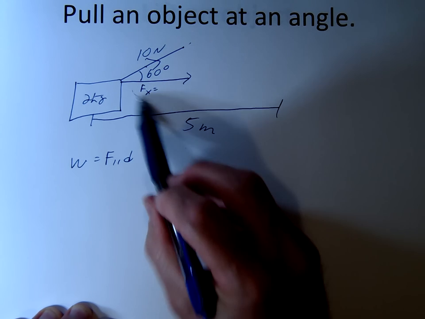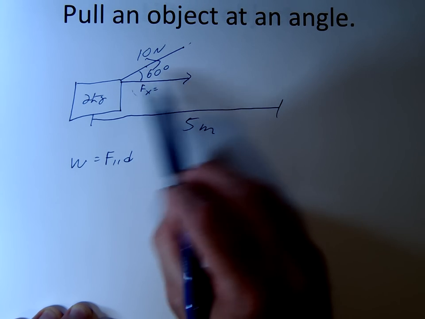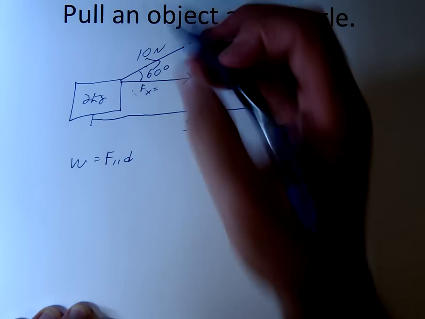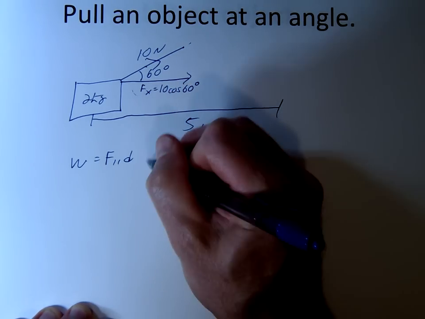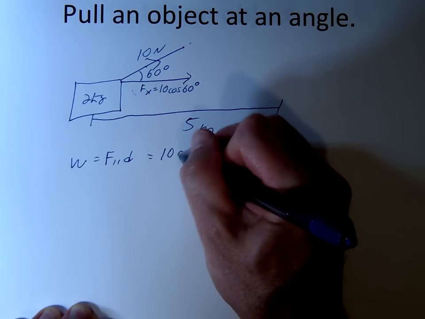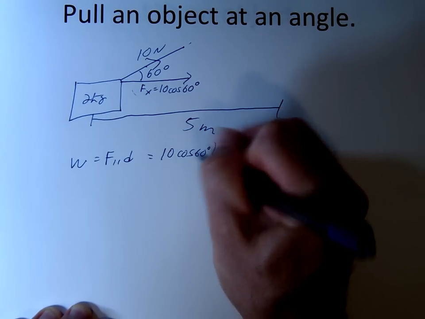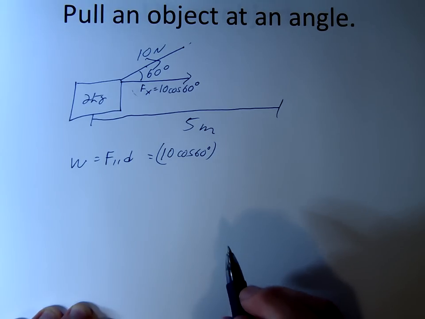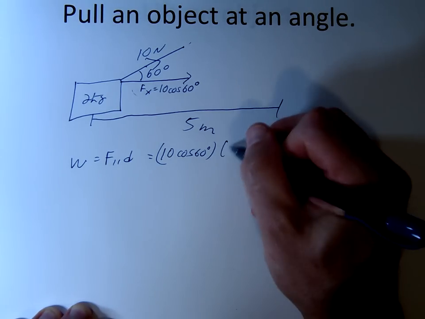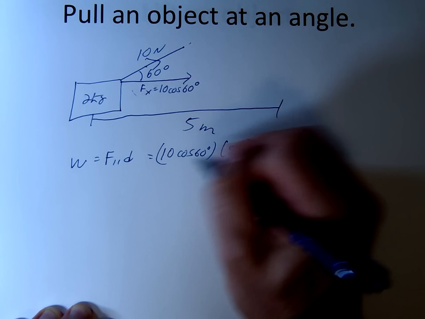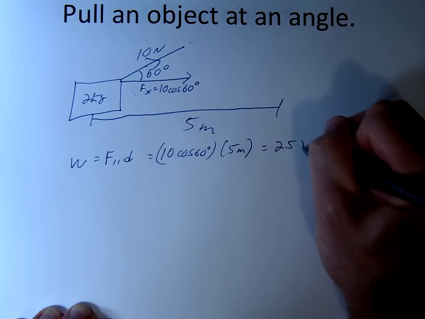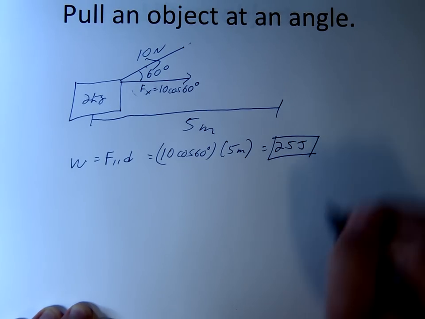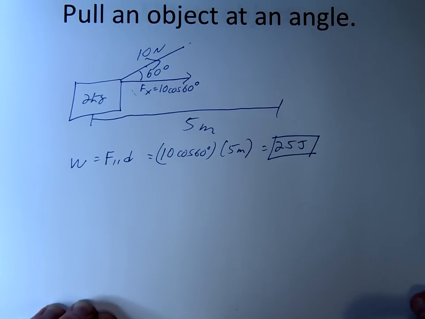So we want to find this piece of force that's horizontal. So for this, we'll simply do 10 cosine of 60 degrees. So that would be our force that's parallel to our distance. Here is again going to be 5 meters. Okay, so that's 10 cos 60, which is 5 times 5 is 25 joules. So notice that when I pull at an angle here, I'm actually doing less work.